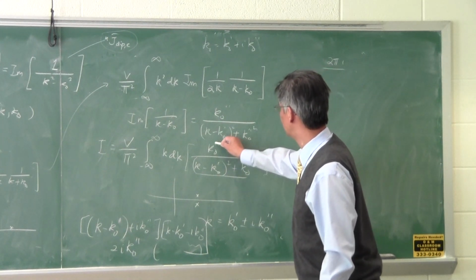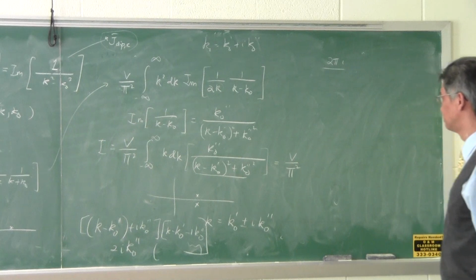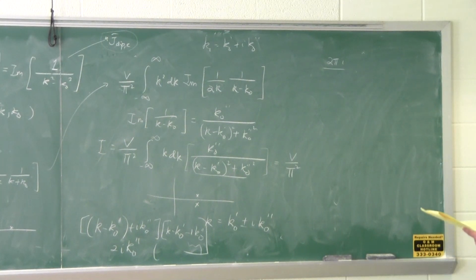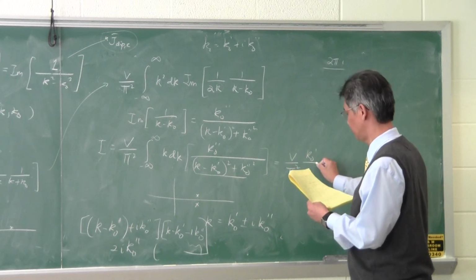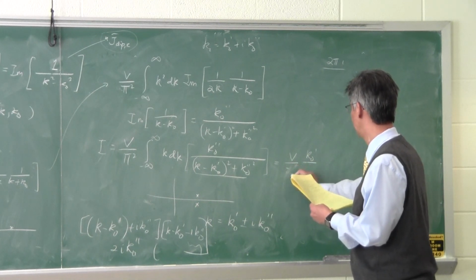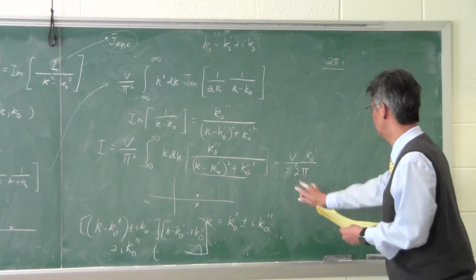And that k0 double prime cancels that one. And according to my lecture note, finally this thing gives rise to d0 k0 prime over 2 pi. Okay, something like that.